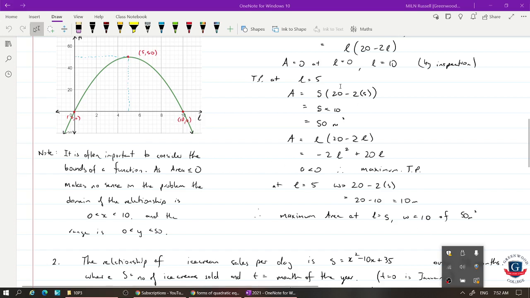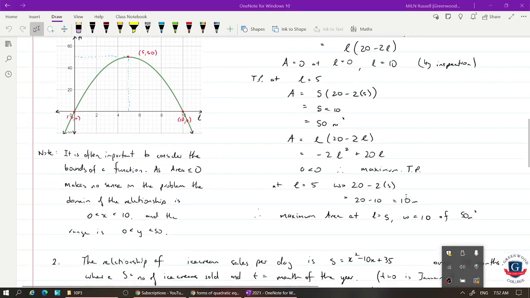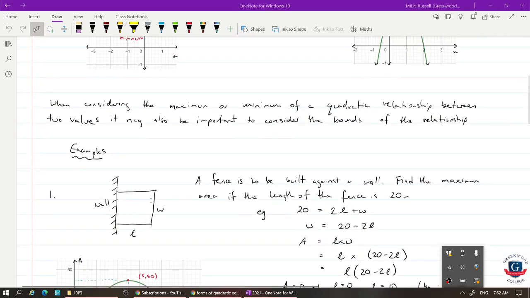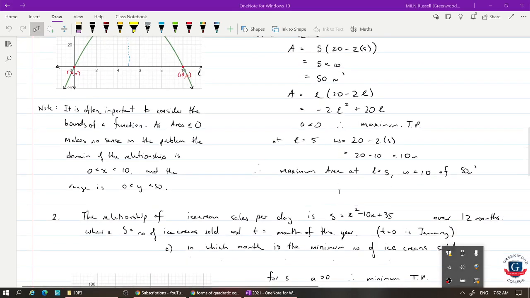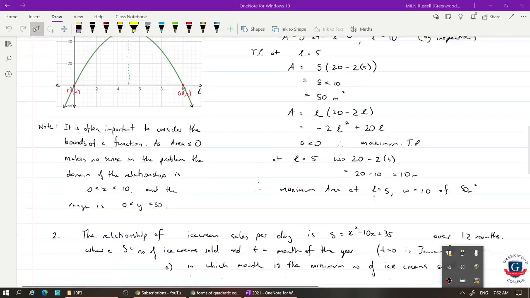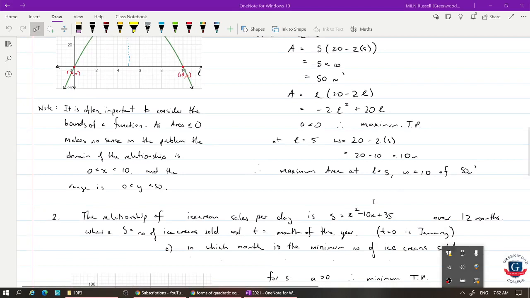We can find the width by substituting the length back into the width formula. So 20 take 2 times 5, 20 take 10 would give us 10. The dimensions of the pen will be 5 this way and 10 that way, as stated here. It's always important to actually state the answer to the question. Now, funnily enough, this question didn't ask the dimensions. I stated them anyway just to be sure.